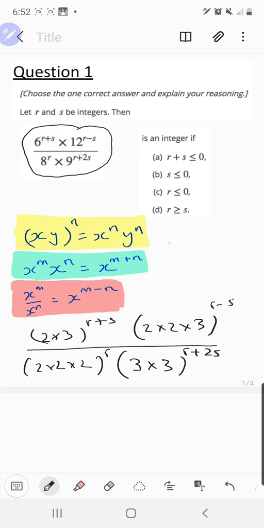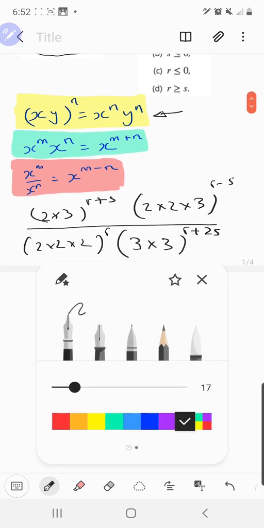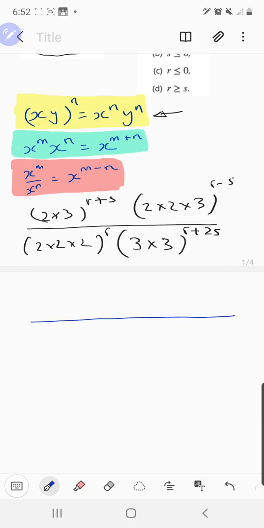And now we use the first of these rules to split. So the numerator is 2 to the r plus s times 3 to the r plus s, 2 to the r minus s, 2 to the r minus s, 3 to the r minus s.